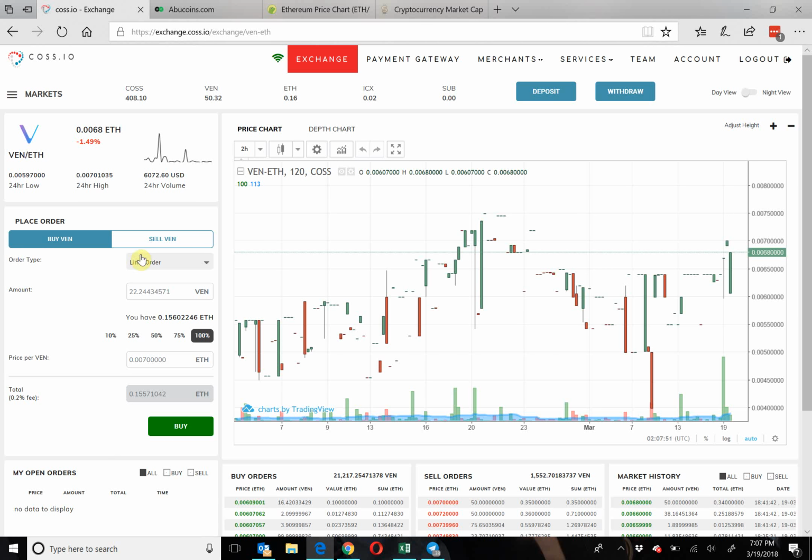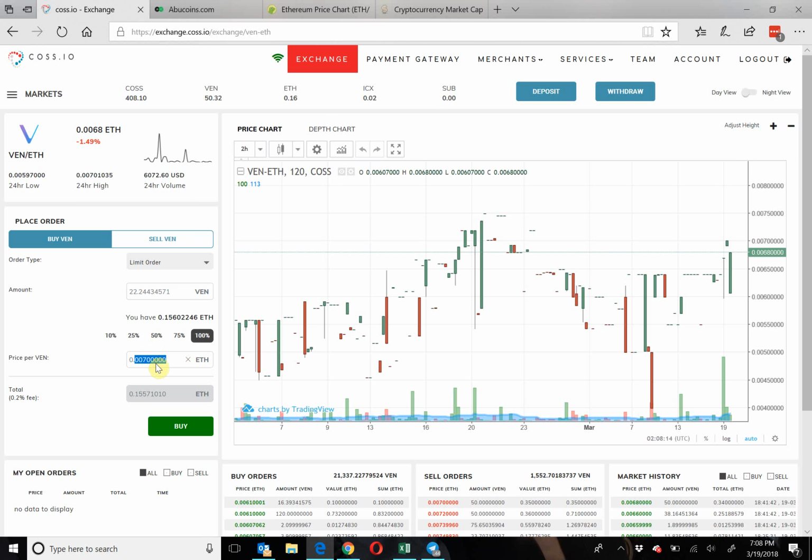So that's one way. The other way is a market order, which you can do the same. You can say, I just want to buy at the market price, just give me the best available at the price.